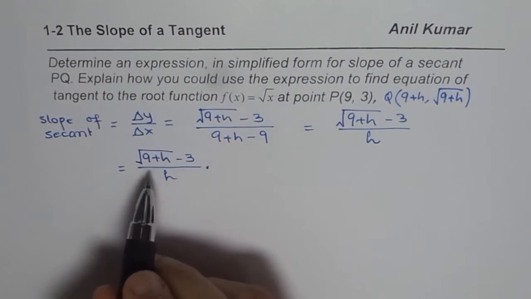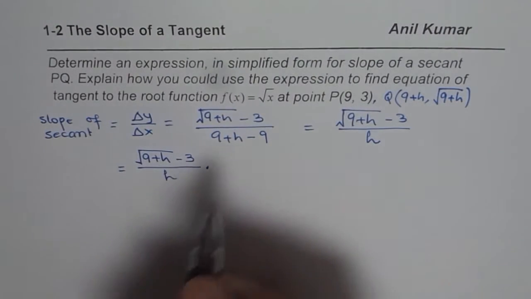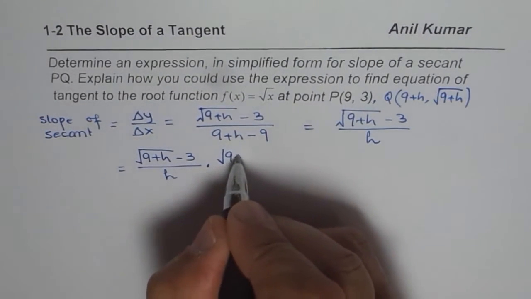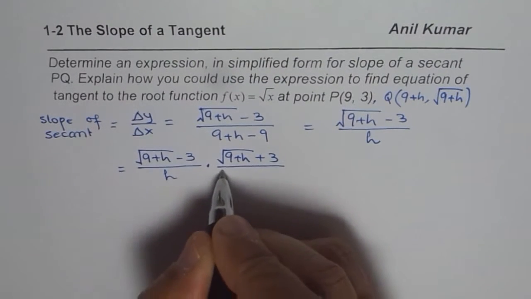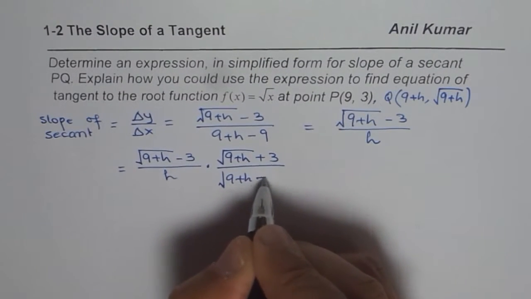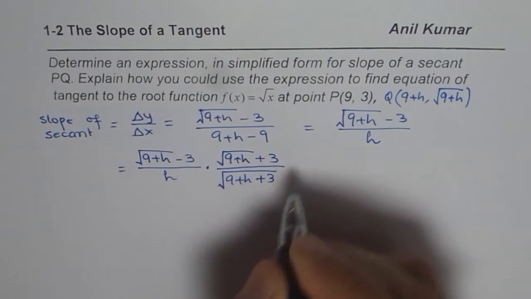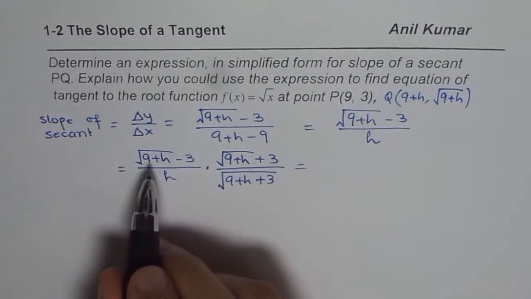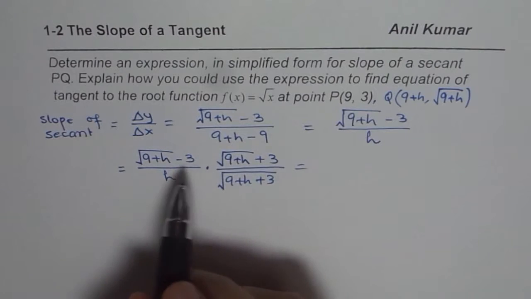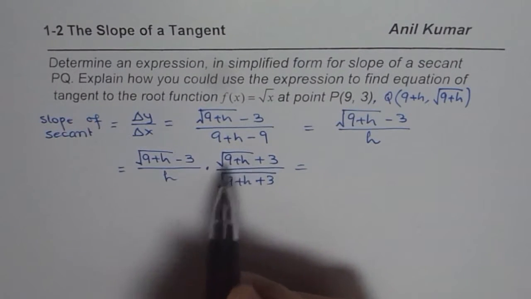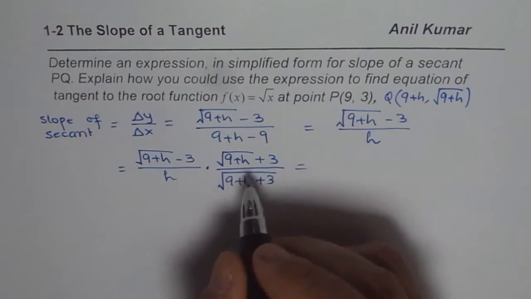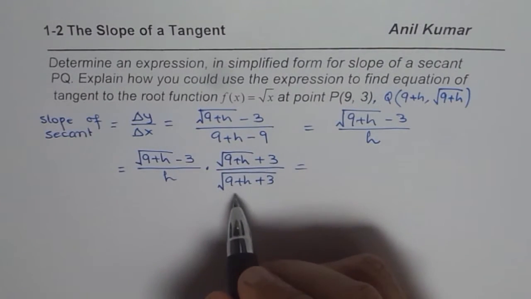To rationalize, we'll multiply and divide by its conjugate, which is square root of 9 plus h plus 3, divided by square root of 9 plus h plus 3. Once you do that, the numerator is a product of difference and sum, so you get a square minus b square. So you get rid of the radical, and that's the whole idea of rationalizing the numerator.